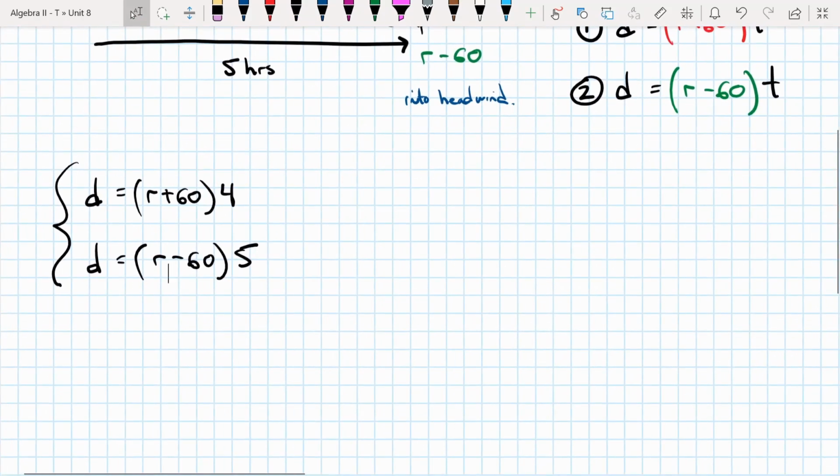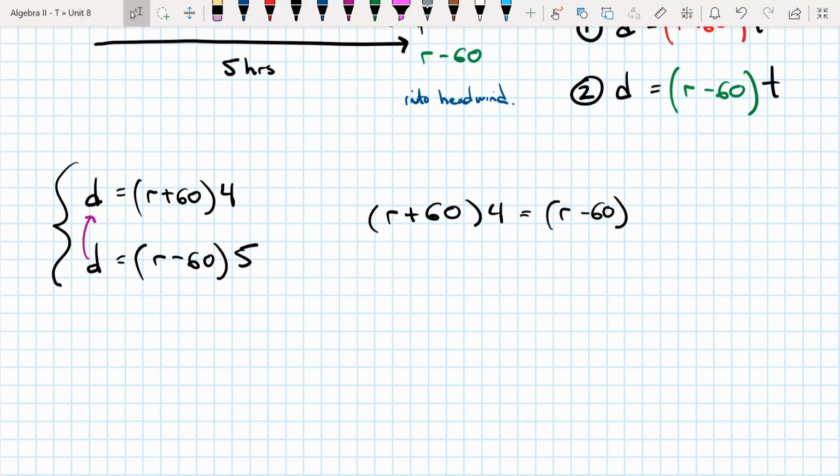And I think the easiest way to solve this for r is treat this as a substitution question, and we're just going to set them equal to each other, and that will eliminate the variable d. So we have r plus 60 times 4 is equal to r minus 60 times 5. Now let's solve this for r.